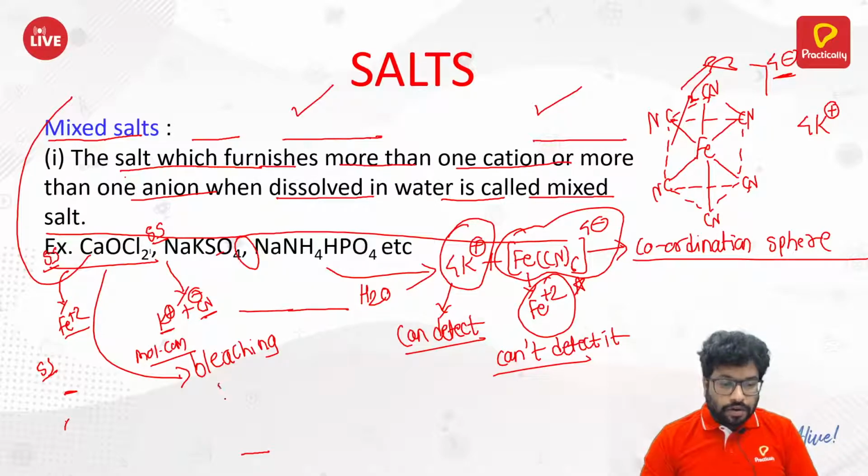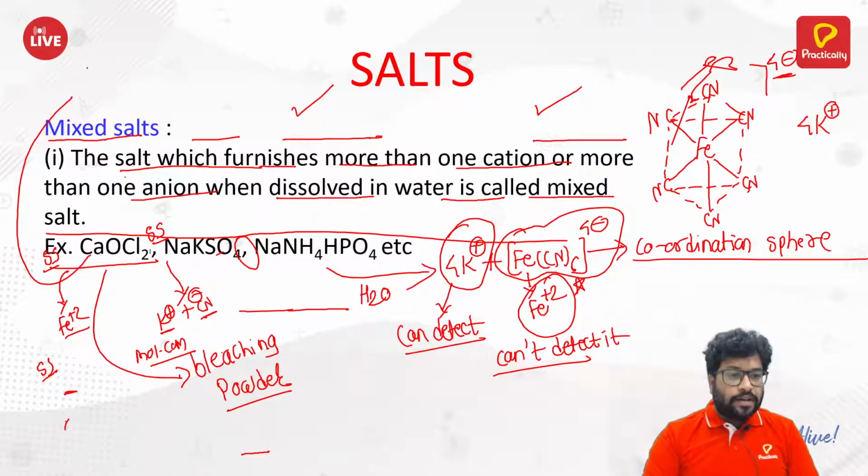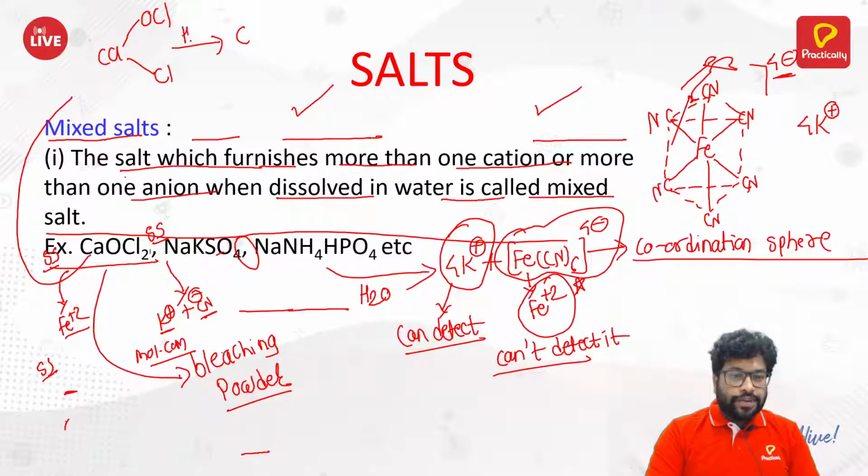Whenever you dissolve this in water, you get Ca2 plus, OCl minus, plus Cl minus.